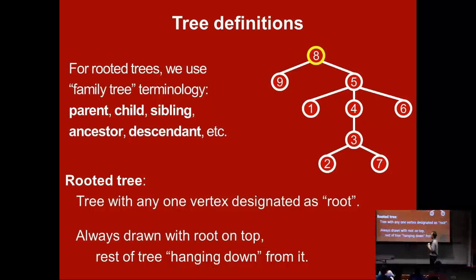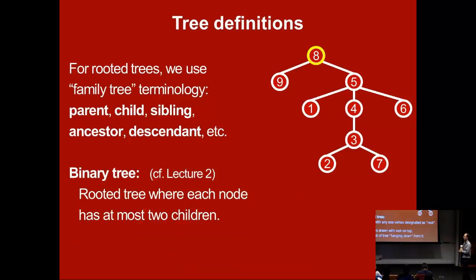And then once you have a rooted tree, there's more definitions. Basically, use all the terms you used in talking about family trees, except that there's no marriage. There's only one sex. So you talk about, 5 is the parent of 4, and 4 is the sibling of 6, and 5 is an ancestor of 2, and so forth. So that's some terminology used when talking about rooted trees, which come up a lot in data structures.